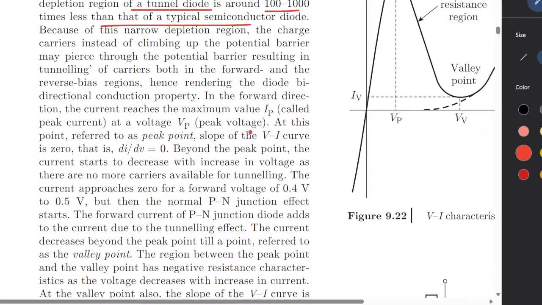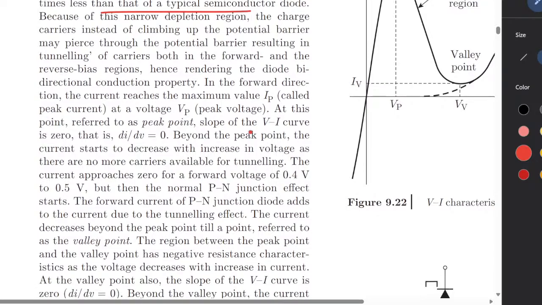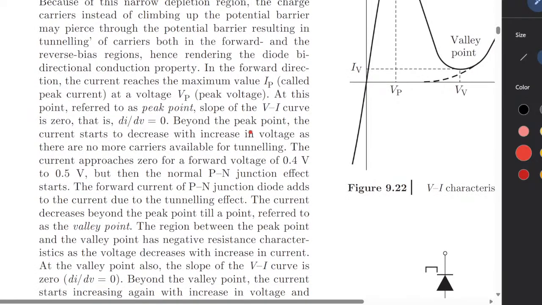The current decreases beyond the peak till the point called the valley point, and the region between the peak point and the valley point has a negative resistance characteristic.